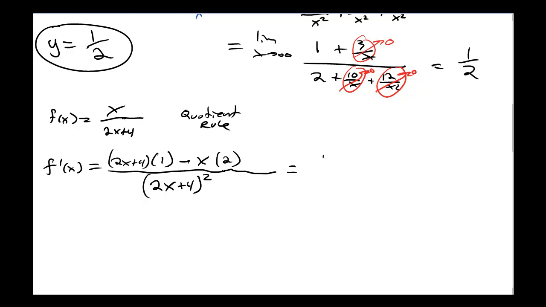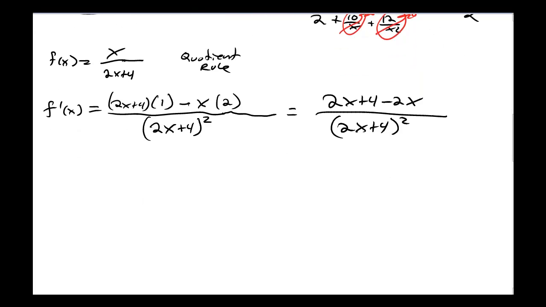This can be algebraically simplified to be 2x plus 4 minus 2x on top, all divided by 2x plus 4 squared. I'm not going to FOIL the denominator. I usually factor denominators. I spend a lot of time doing that. I notice that 2x and minus 2x cancel, and so this gives me my final algebraic form of my first derivative, which is 4 divided by 2x plus 4 squared.